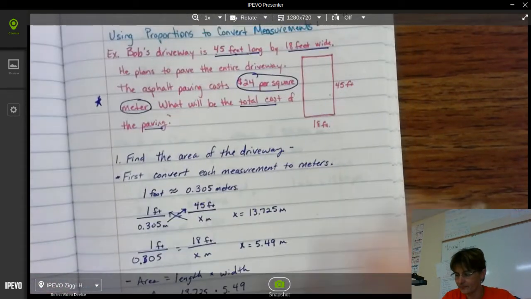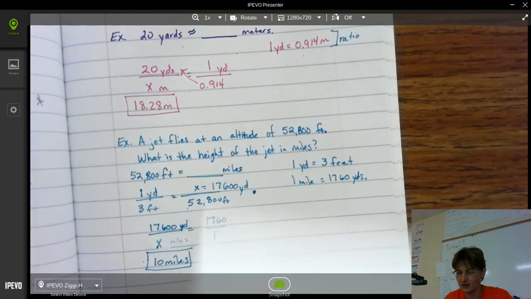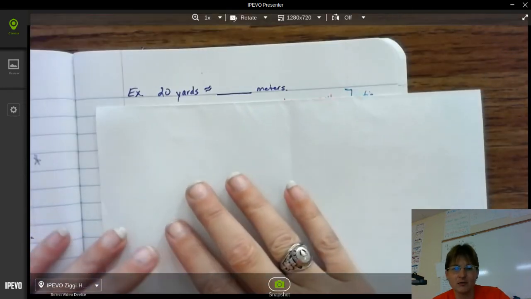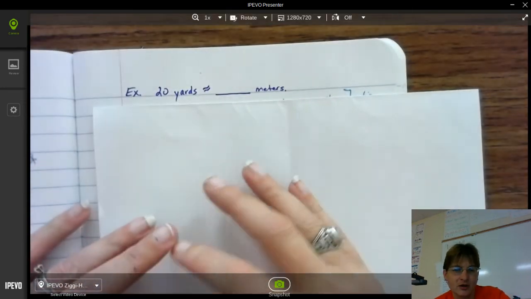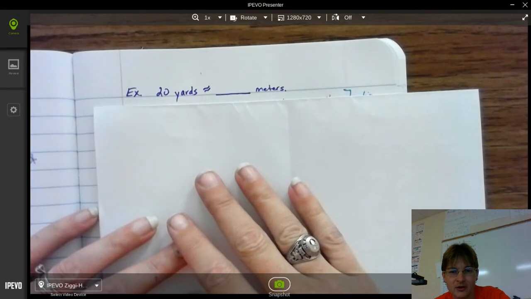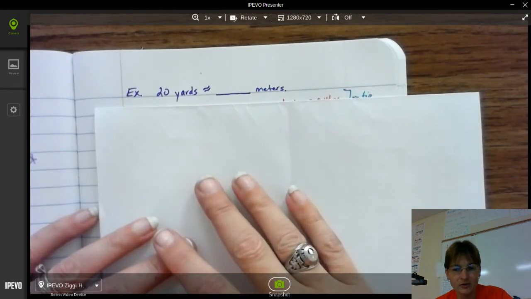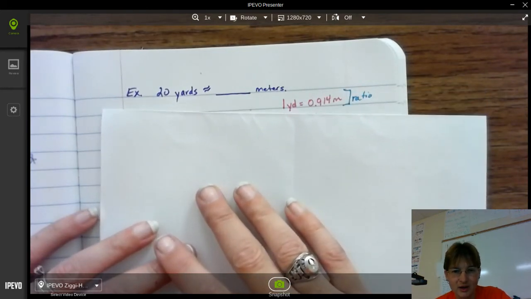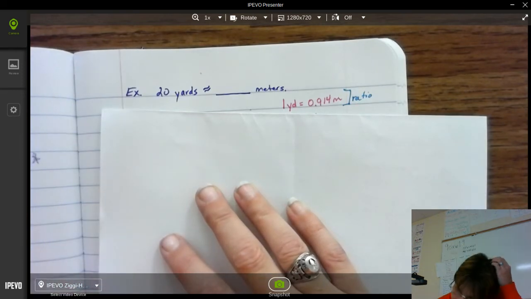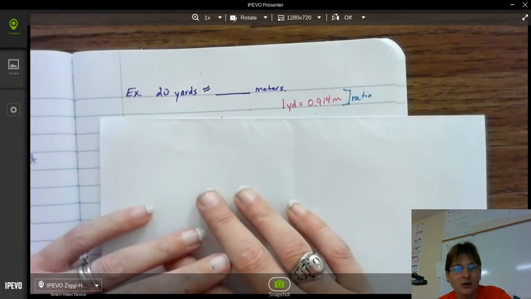Another conversion using proportion is basically if you were changing your yards to meters. 20 yards is equivalent to how many meters? We know from our equivalence conversion factors and everything that 1 yard equals 0.914 meters.